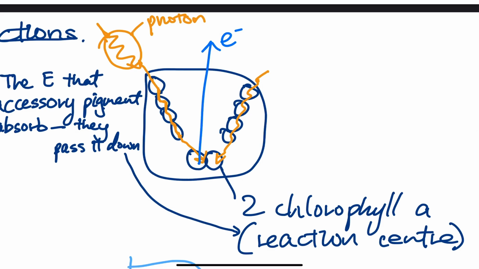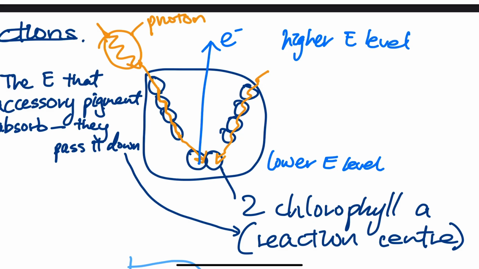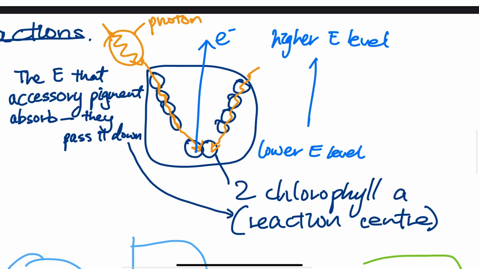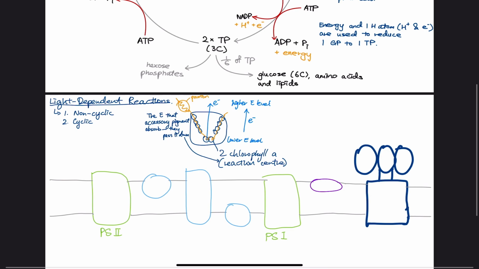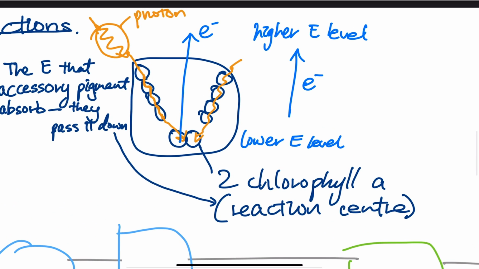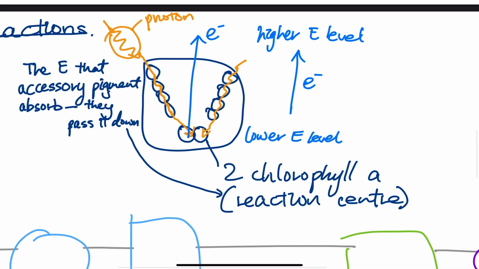So it moves from a lower energy level to a higher energy level. This is pretty much what happens at the beginning of every light dependent reaction.